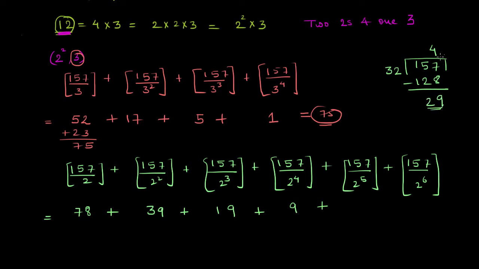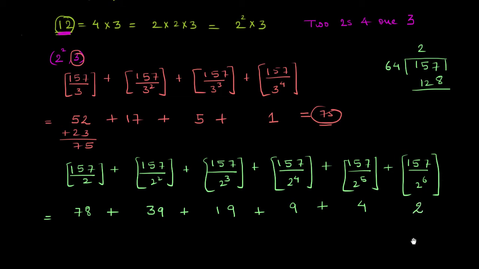So this will be 4 point something, and the greatest integer will be 4. Now let us divide 157 by 2 to the power 6, that is 64. 64 times 2 is 128, so this will be 2 point something. The greatest integer will become 2.